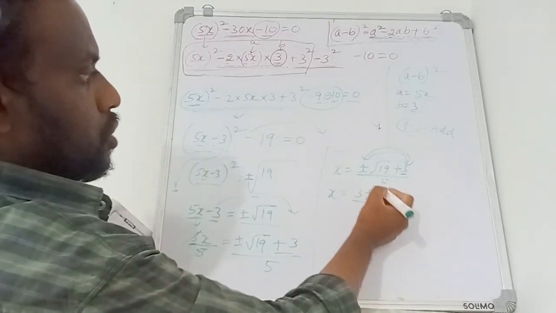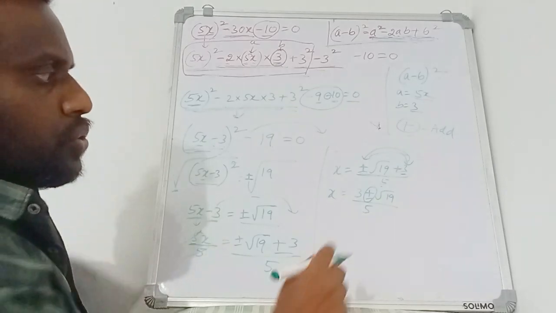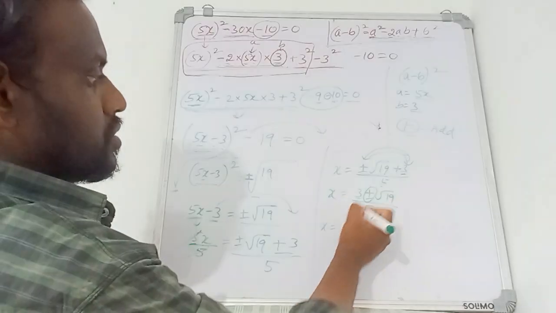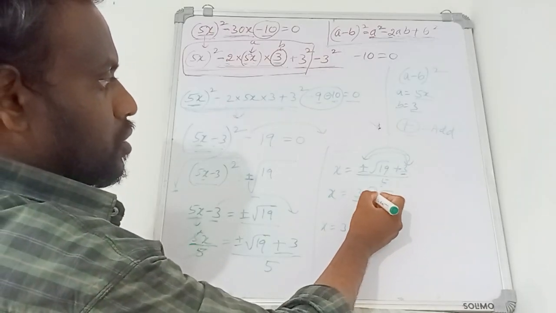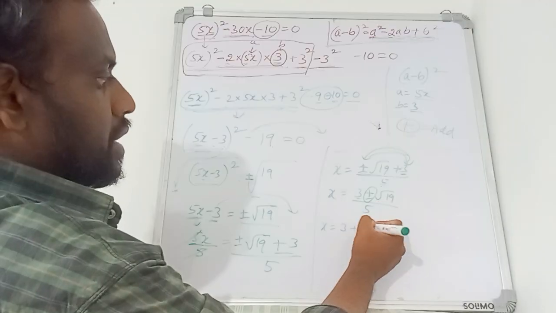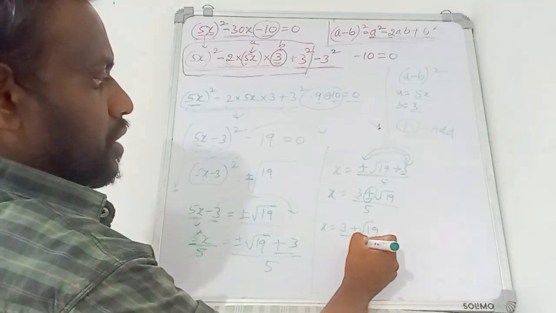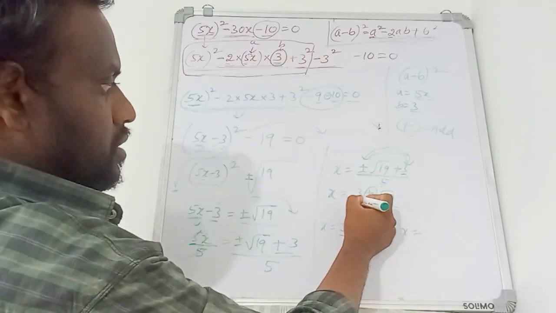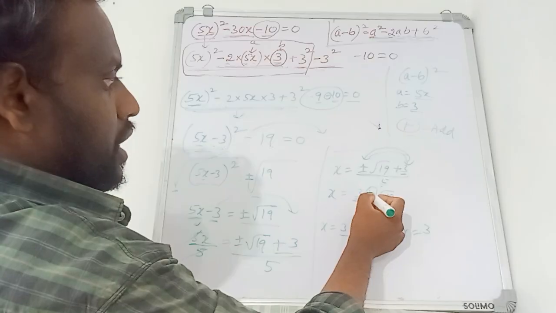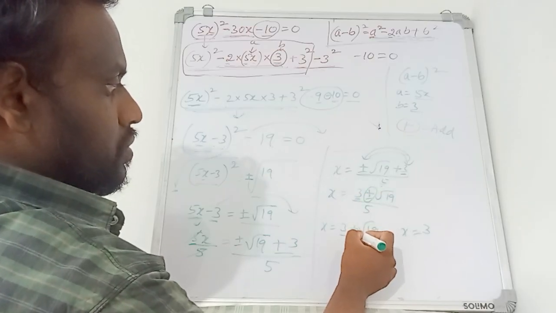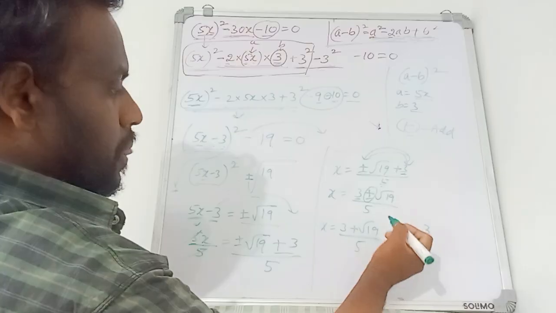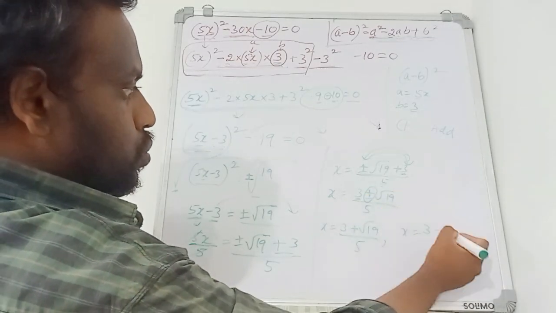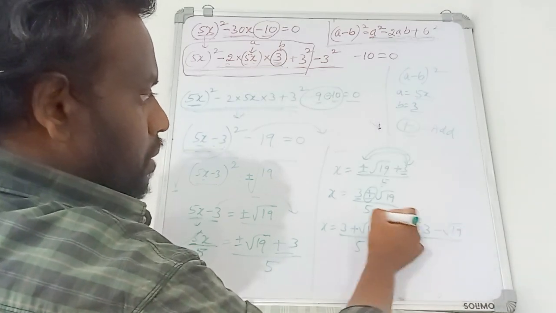Now here the plus or minus sign is there, so we have to split the symbol. First, x is equal to 3 plus root 19 divided by 5. Next, x is equal to 3 with the minus sign, minus root 19 whole divided by 5.